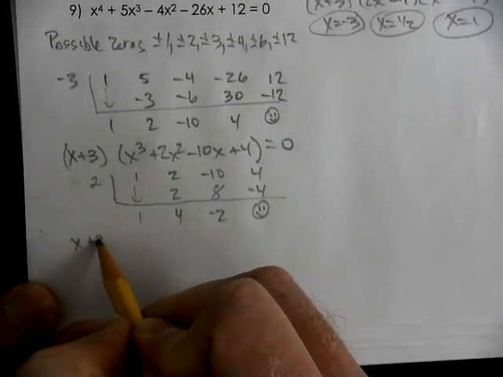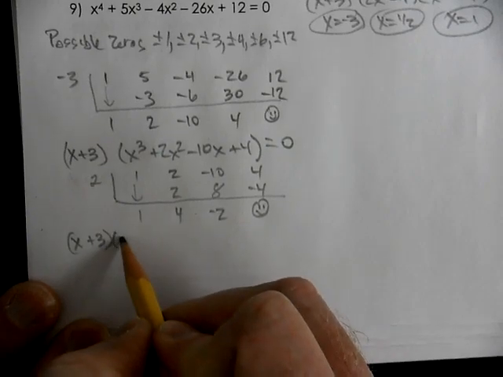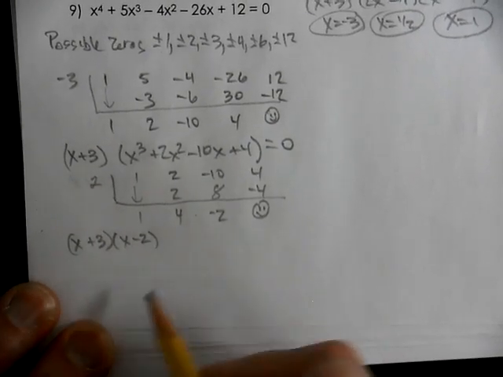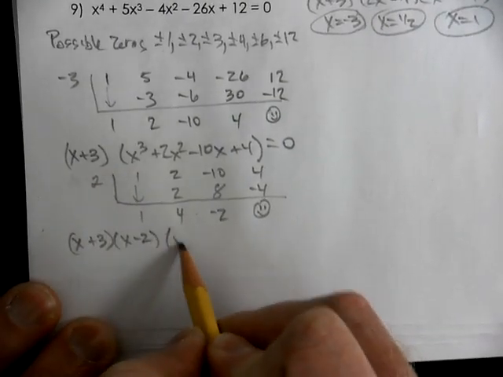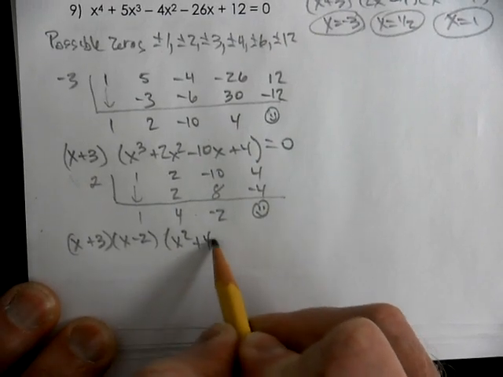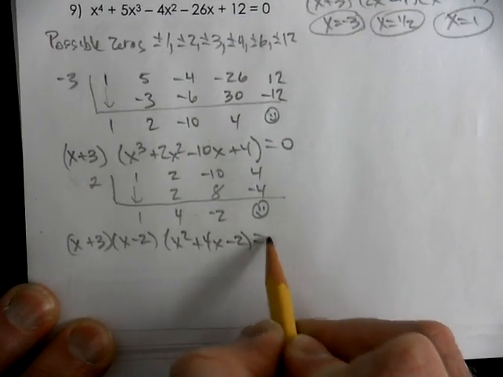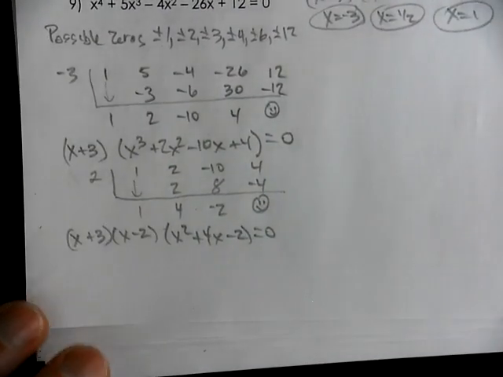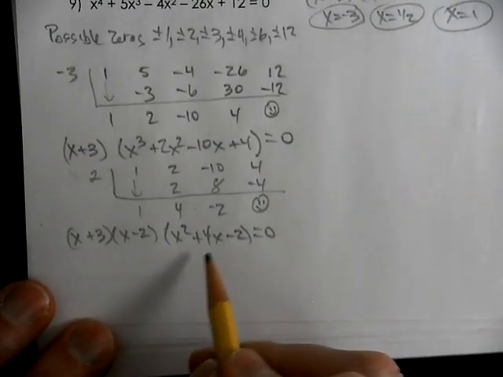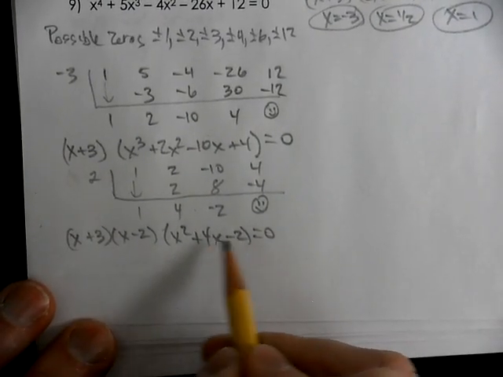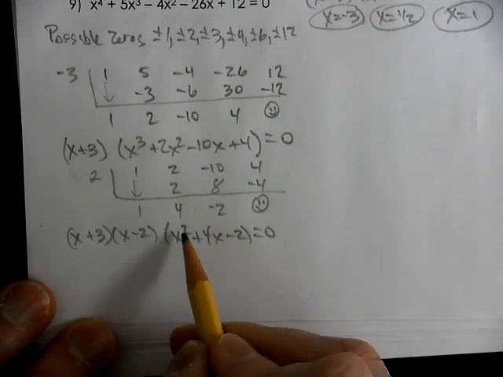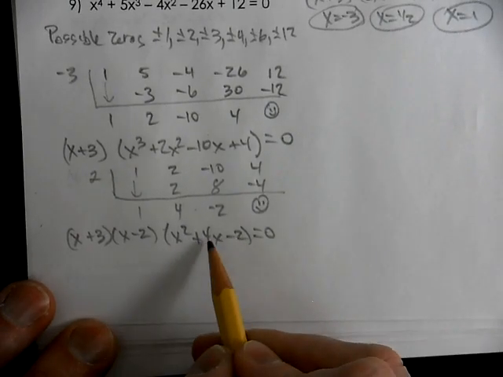So we have x plus 3, x minus 2, and x squared plus 4x minus 2. This one does not factor. You can't multiply to be -2 and add to be 4.